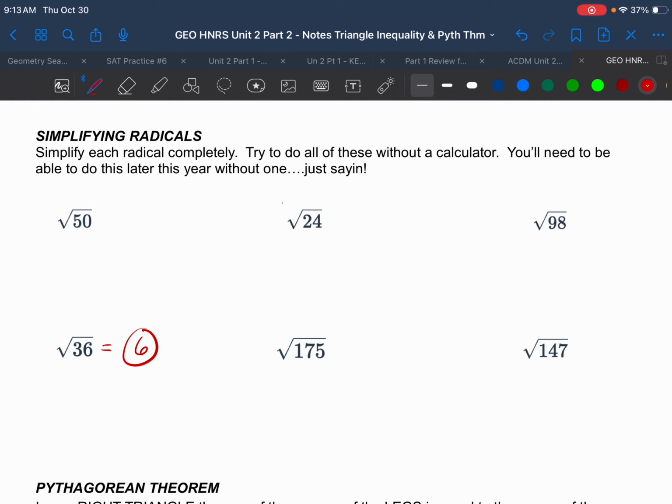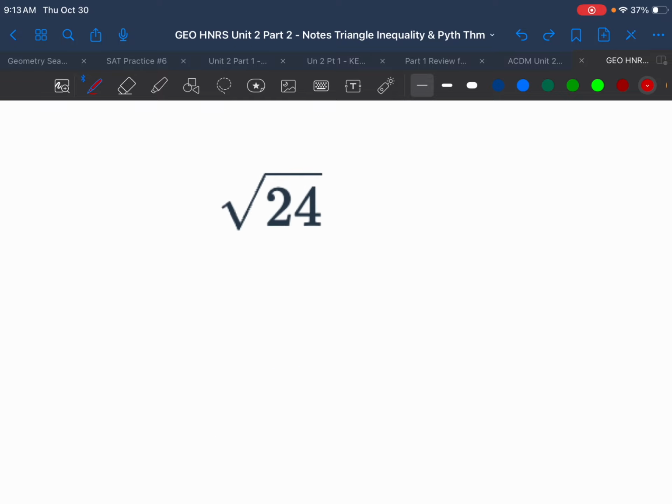Next, I'm going to go to 24. When we're simplifying radicals, we basically want to break them up into their multiples. Right now I know that 1 times 24 equals 24, same with 2 times 12, 3 times 8. But what I want to do here is choose 4 times 6.